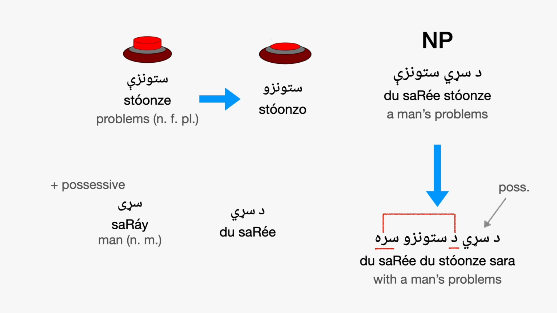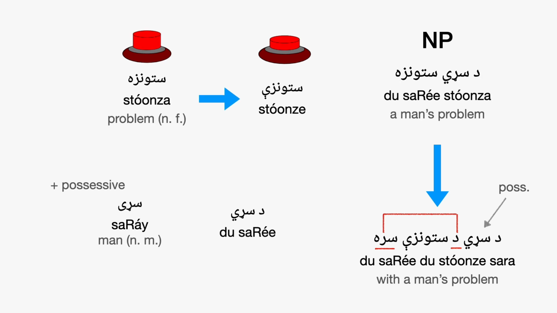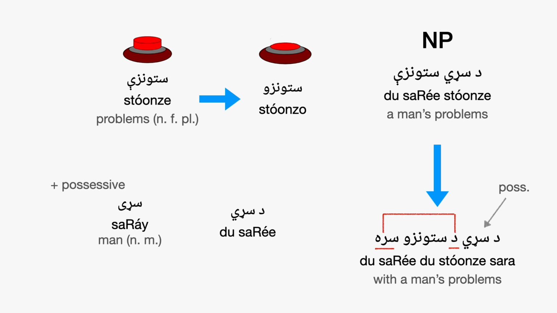If this was plural, the man's problems, and then I put it inside the sandwich, the possessive doesn't change whether the thing in the sandwich is singular or plural. That inflection is just to do with the possessive. It's just kind of hanging outside of the sandwich.